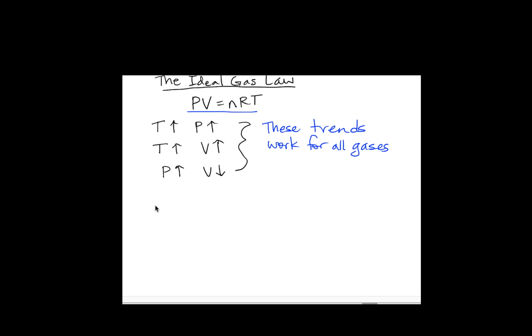One thing for us to remember is that there are a number of assumptions behind the ideal gas law. The first one is that all of our collisions are elastic, which means that no energy is lost.